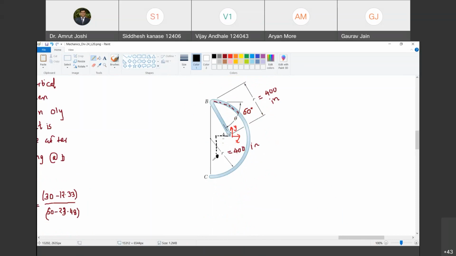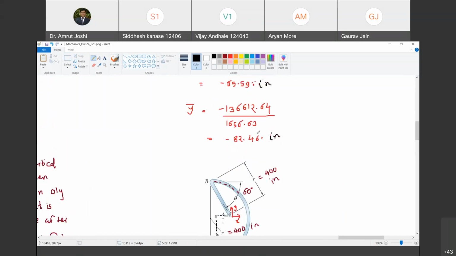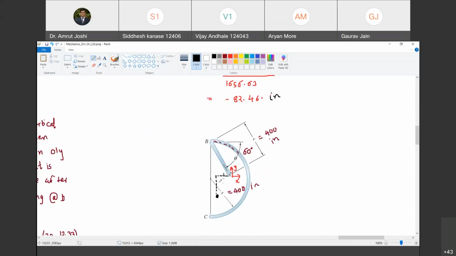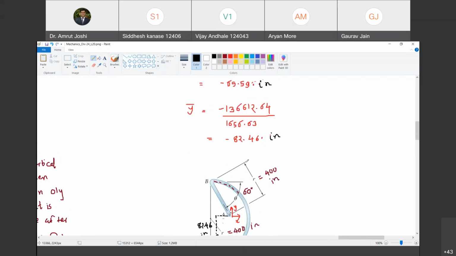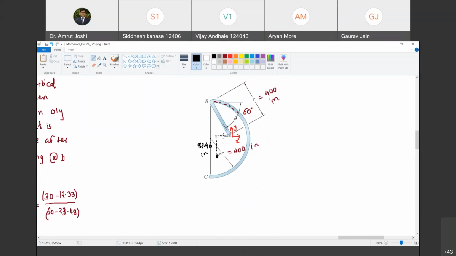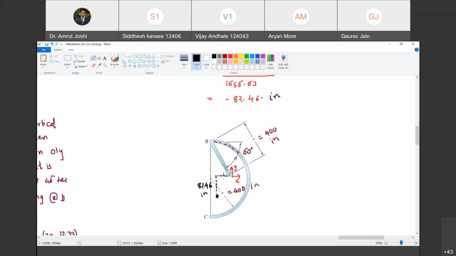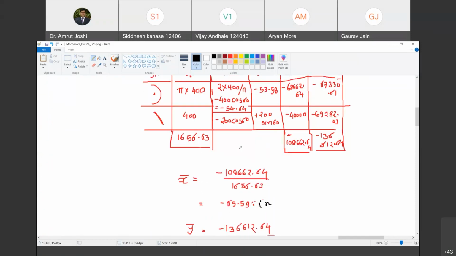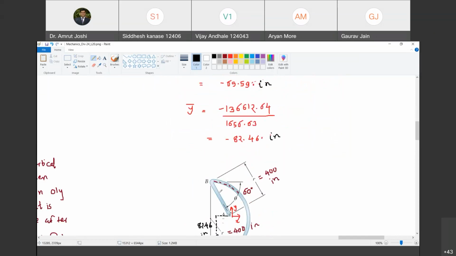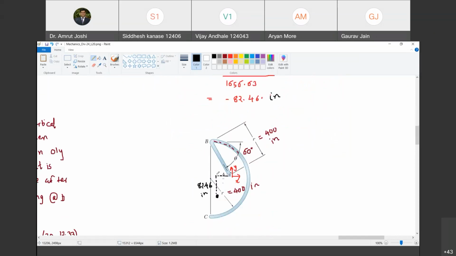I have drawn an exaggerated view, because in comparison with 400 inch, this 82.46 is too much. But I'm just locating it: this distance is 65.59 inch. Are you with me? Yes, sir.